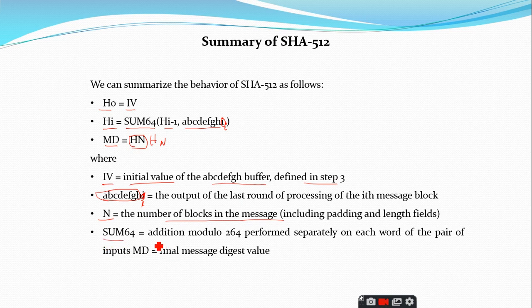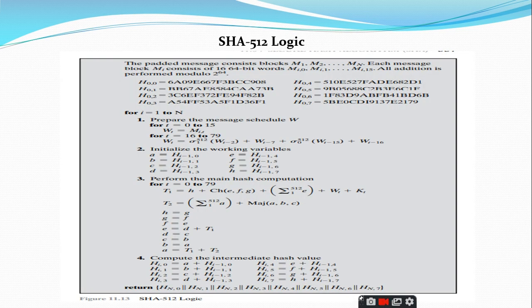Sum 64 is nothing but addition modulo 2 power 64, and MD stands for the final message digest value. So, this is all about how SHA-512 is performed, or how the processing is done in SHA-512. This is the logic, there is no need to remember this logic.